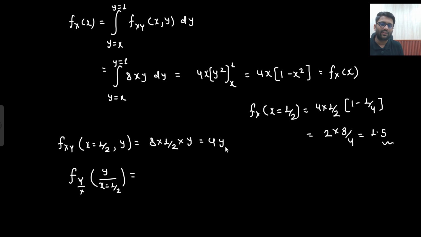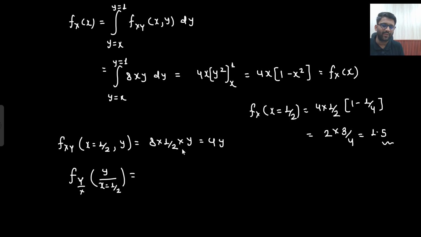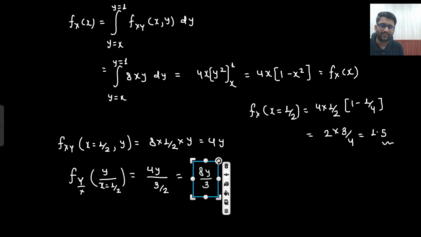So on the numerator, what value will you put? X equals 1 by 2, that would be 4y, and in the denominator you put 1.5, or you can say 3 by 2. So the answer would be 8y by 3. This is the answer.